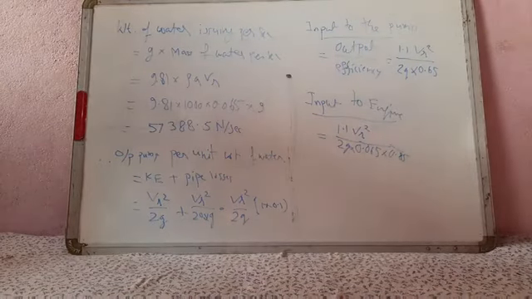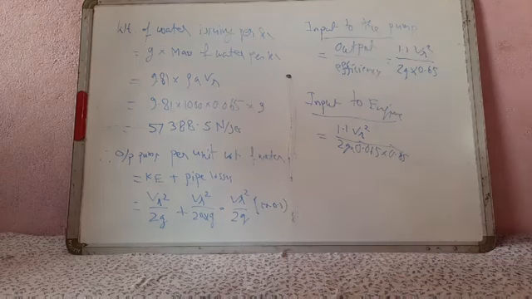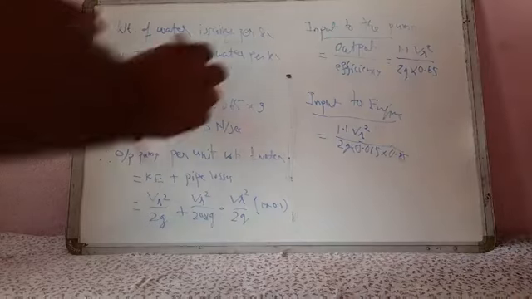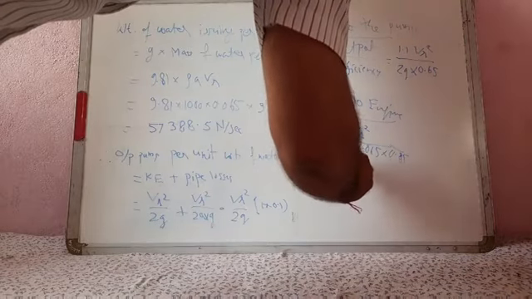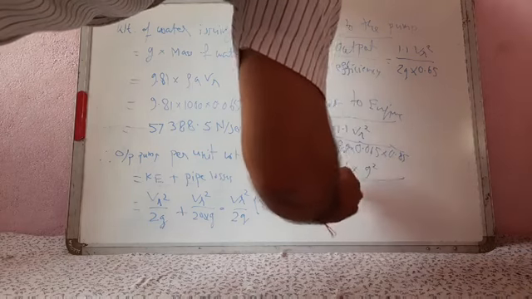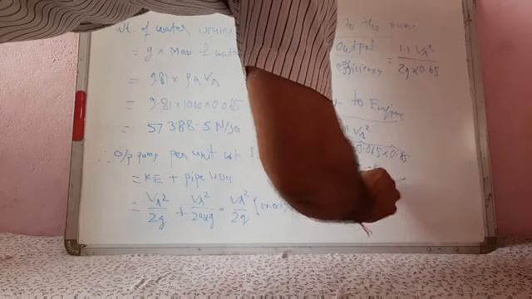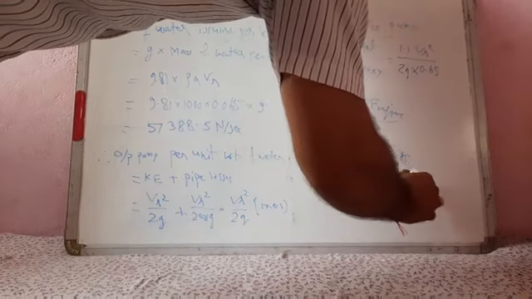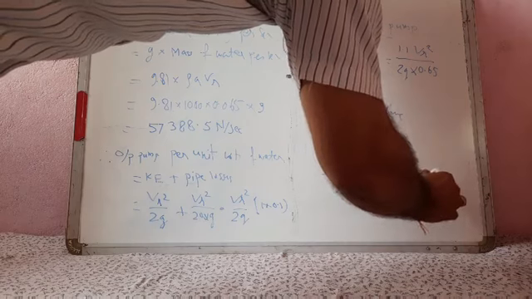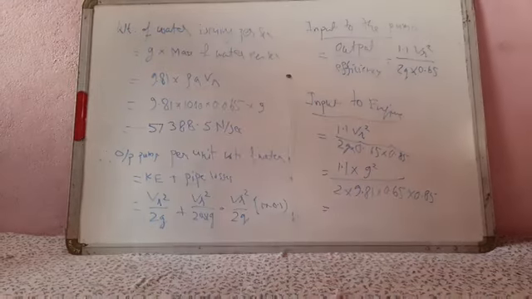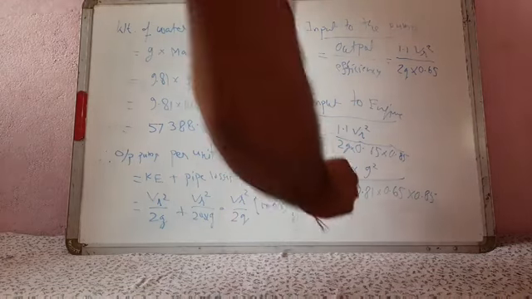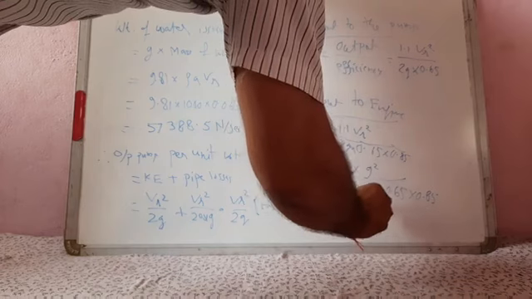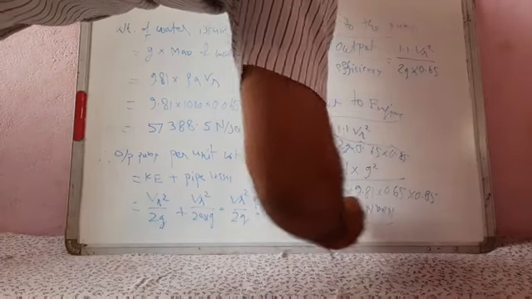So here, putting the value of VR equal to 9, that is 1.1 into 9 square by 2 into 9.81 into 0.65 into 0.85, this value comes 8.22 Newton meter per Newton.